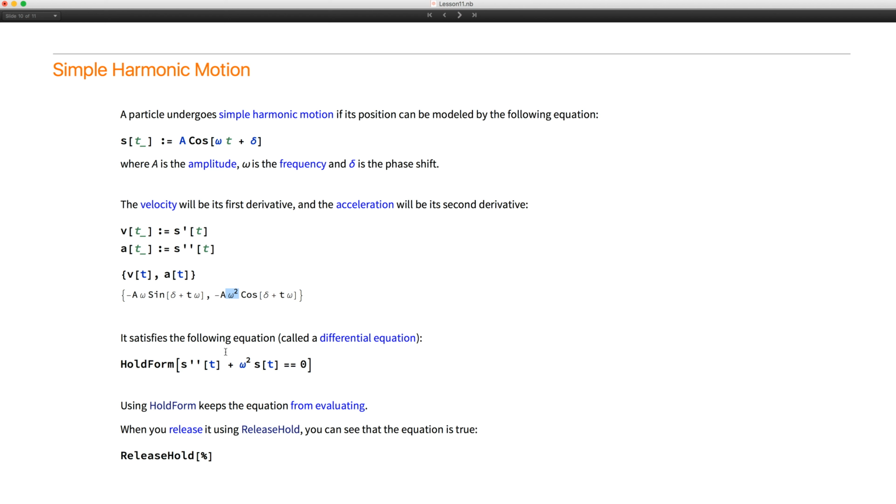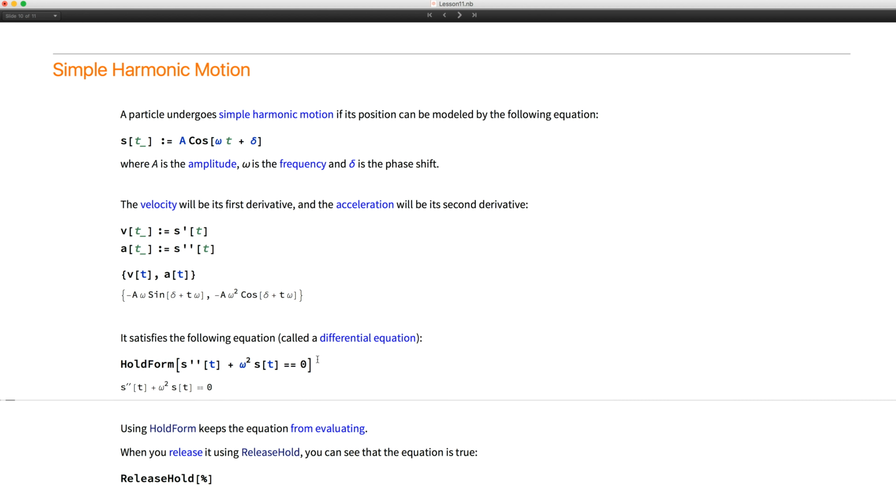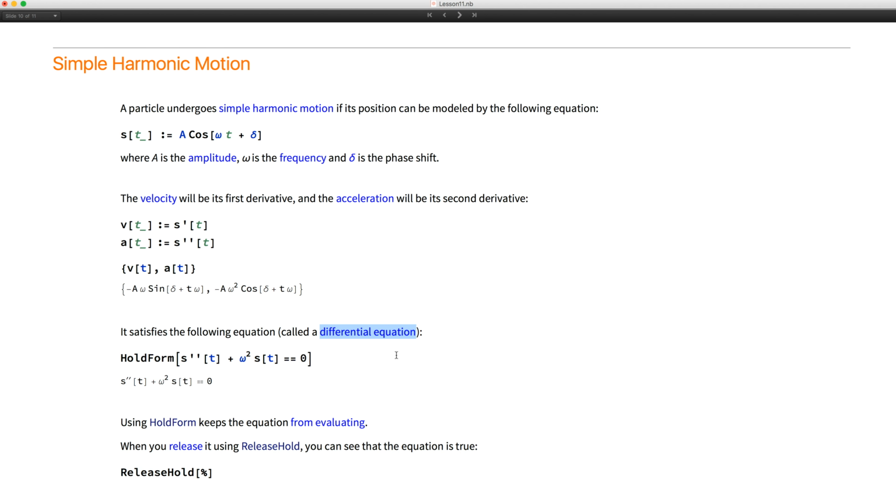So what that says is that s double prime plus omega square s of t is equal to 0. That's something called a differential equation, which you will study much later in calculus. And the whole formula does the following: it prevents anything from evaluating. So if you do release hold, like I've done over here, then in fact you get back the result true, which says that the differential equation is satisfied by the simple harmonic motion function over here.